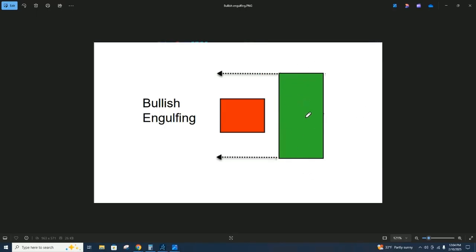In this case, 80% of the time this setup, this engulfing candle, will result in an up move. Now, 20% of the time they don't work. When is that most likely to happen?